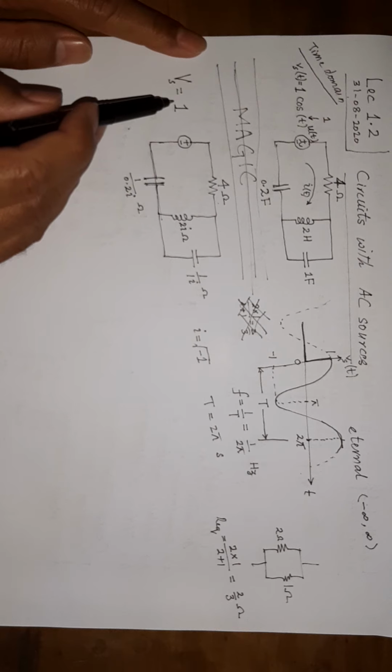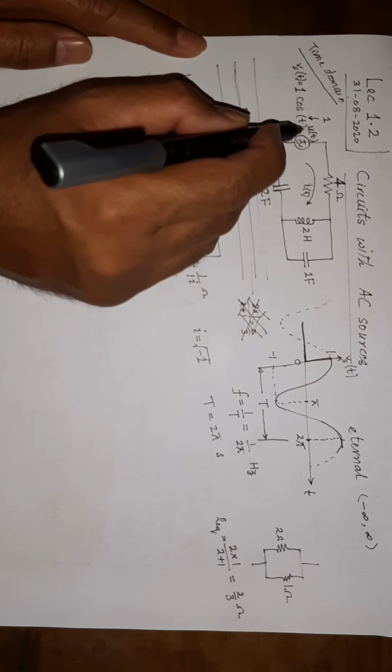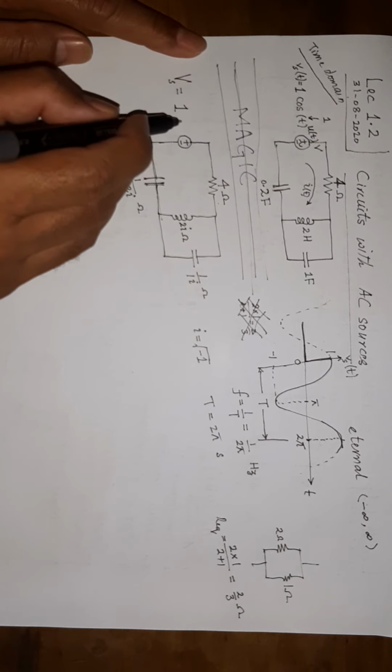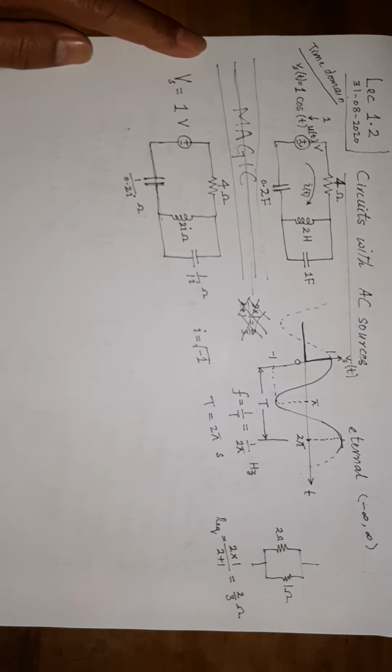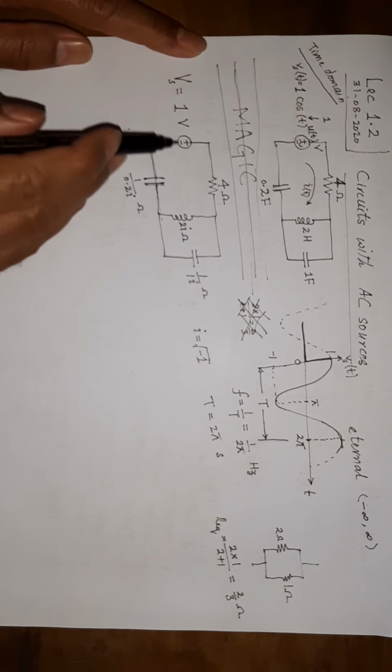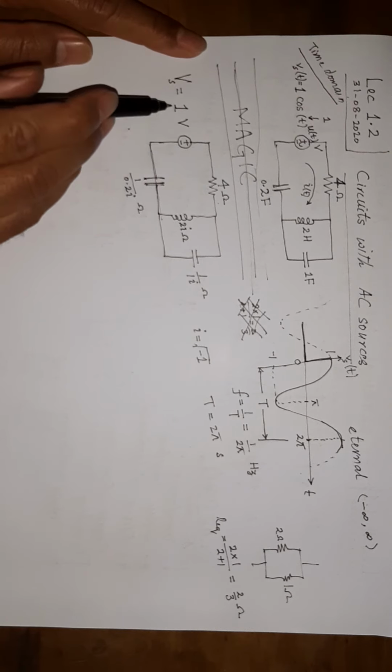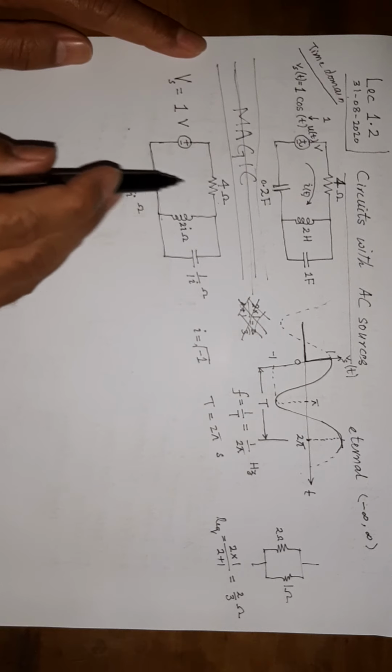We had a volt here, and that volt remains the same. So now this is a DC source, let us call it this way, of 1 volt, and all these ohms.